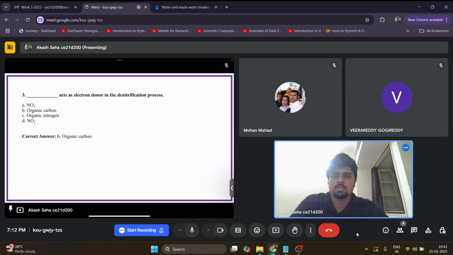Okay, it's basically the organic carbon because this organic carbon will act as an electron donor in the denitrification process. Okay. So can someone tell me in what kind of system, whether it's an aerobic, anaerobic, or anoxic system, is preferred for denitrification to happen? Is it the aerobic system, anaerobic system, or the anoxic system?